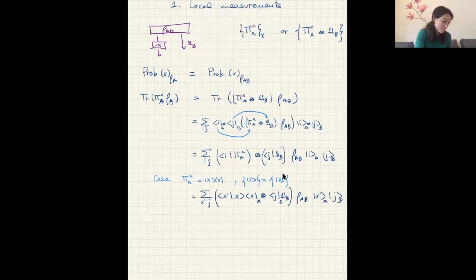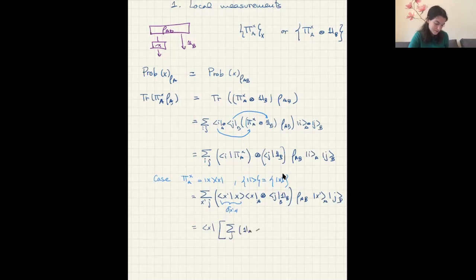So this gives us what? Here we have the delta of x prime and x. So our x prime, our x can go here. And then we have a sum only on J of what?